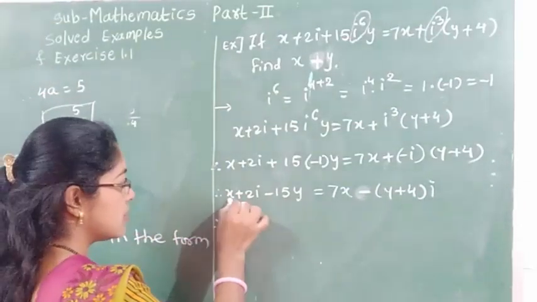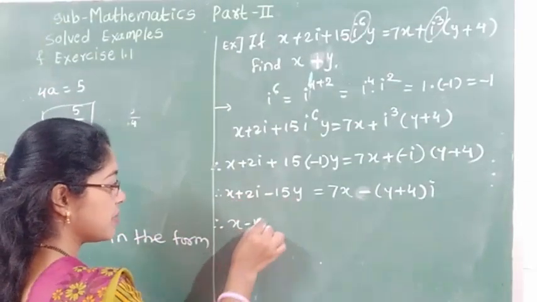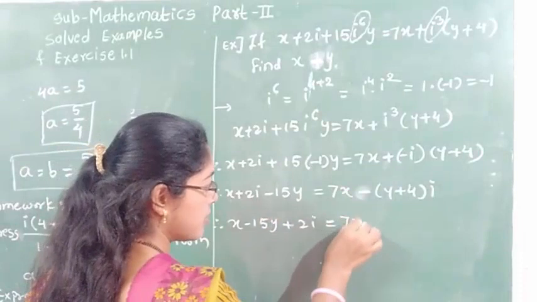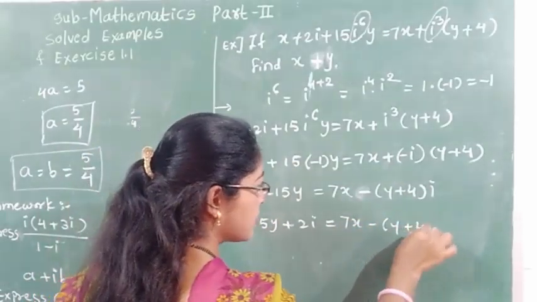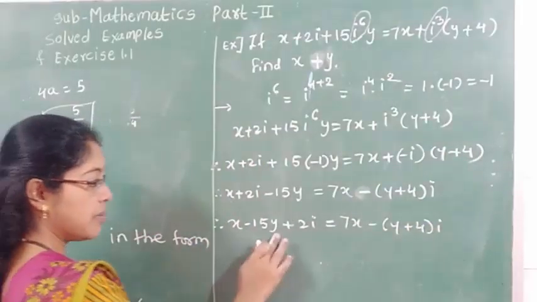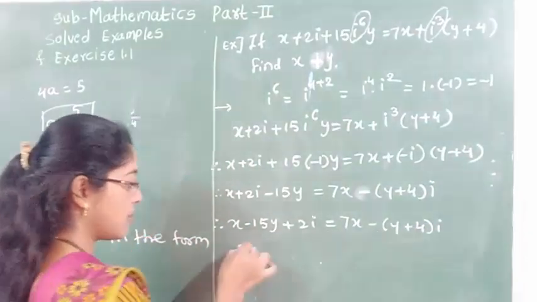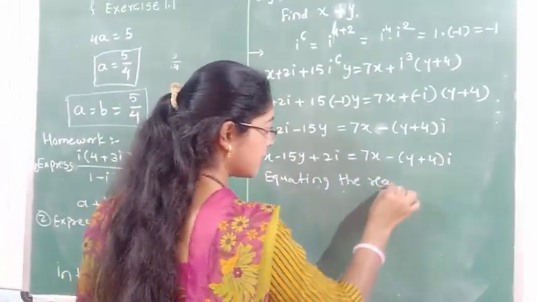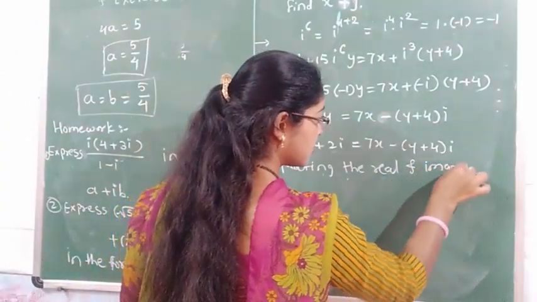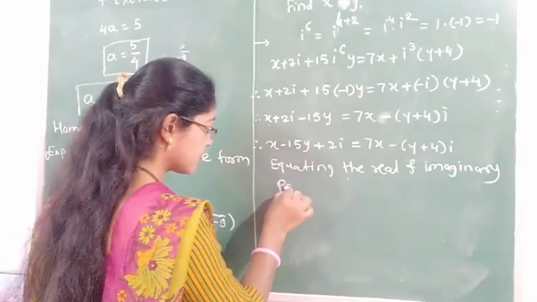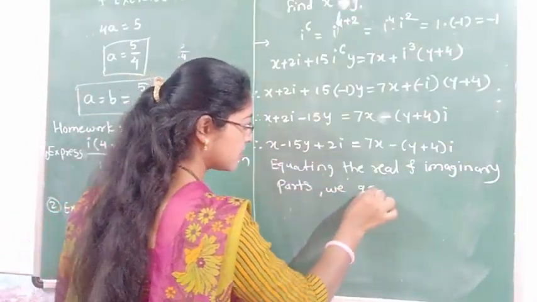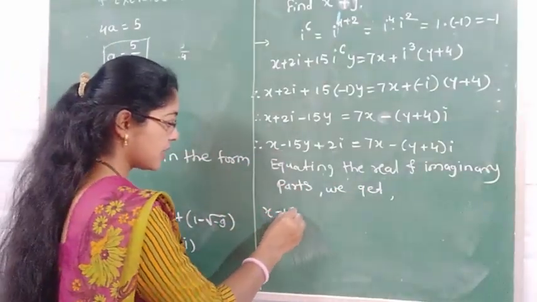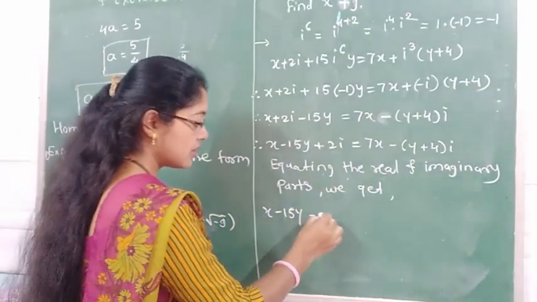So therefore this is the real part: x minus 15y, and plus 2i here, is equal to 7x and this minus i into y + 4. Now equating the real and imaginary parts, we get x minus 15y is equal to 7x.